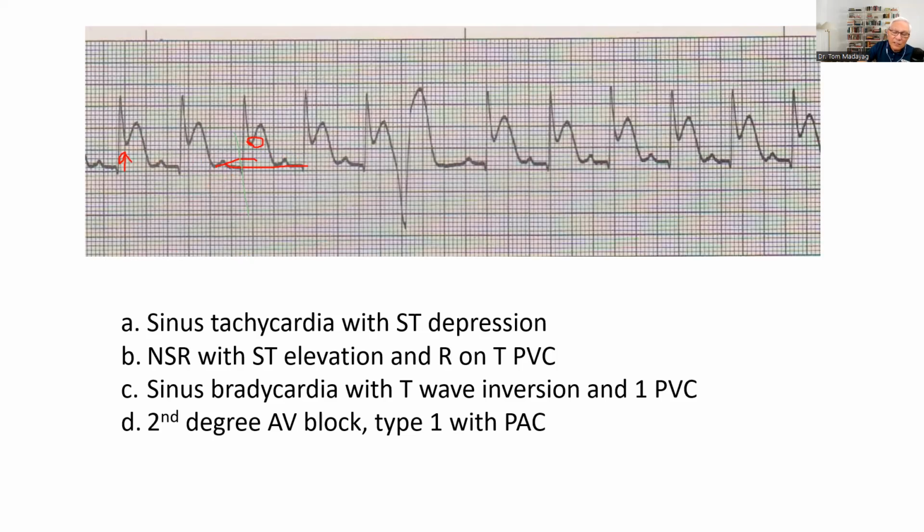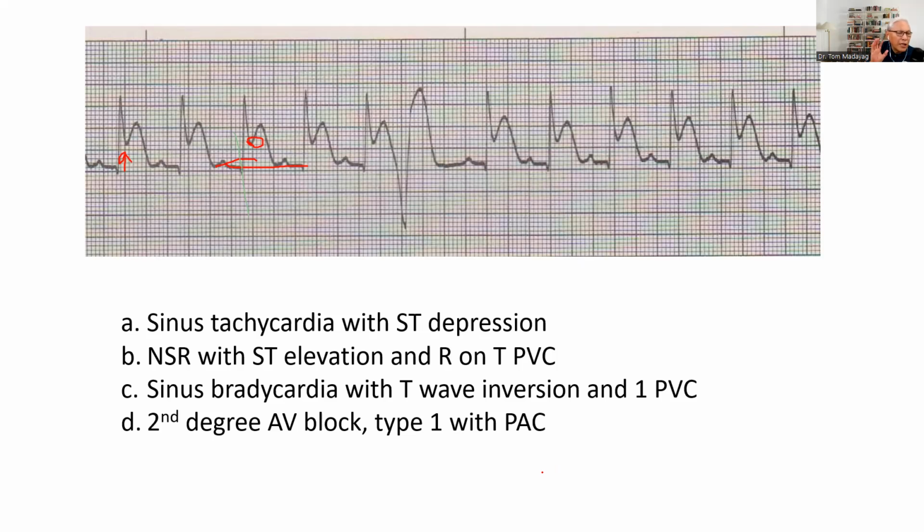And the second observation that we see over here is that there is a PVC, a premature ventricular contraction, very close to the T wave or on the T wave itself. And this is something that we're going to be concerned about.